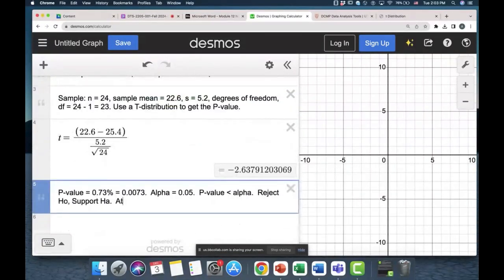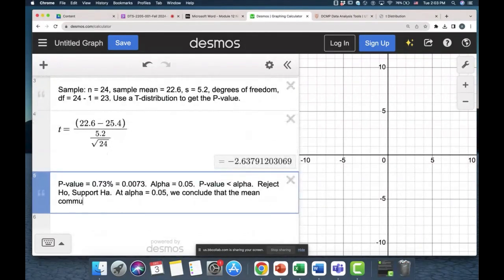So let's write that down. So at alpha equals 0.05, we can conclude that the mean, average commute time, this is one way travel time for adults in this large city, is less than the national average.